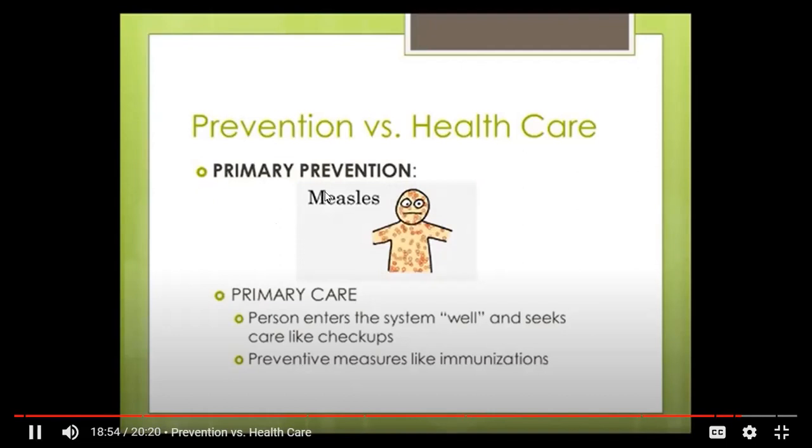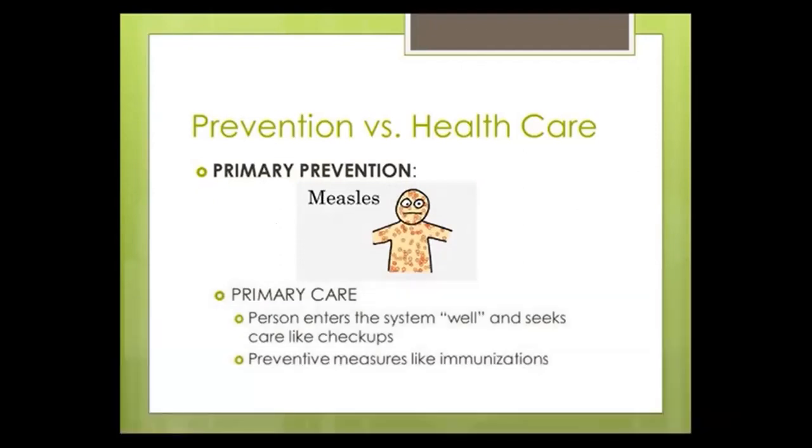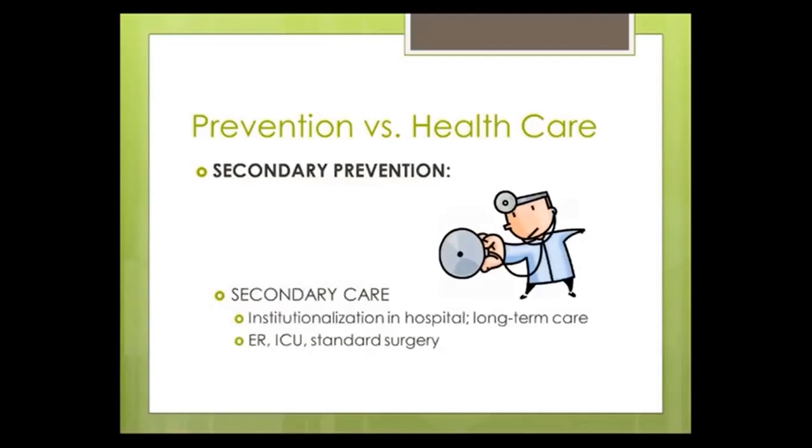The focus here is not allowing the disease to occur in the first place. We do this by risk reduction and focusing on behavioral change and through education and immunization. Secondary prevention focuses on not allowing the disease to continue or progress.